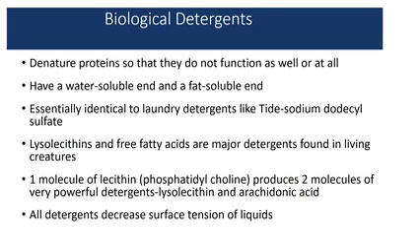And one molecule of lecithin, the other name of which is phosphatidylcholine, produces two molecules of very powerful detergents, lysolecithin and arachidonic acid, which decrease surface tension. So that if you put a pin on still water, sometimes it will float due to the surface tension, but if you add a little bit of detergent to it, it will sink.